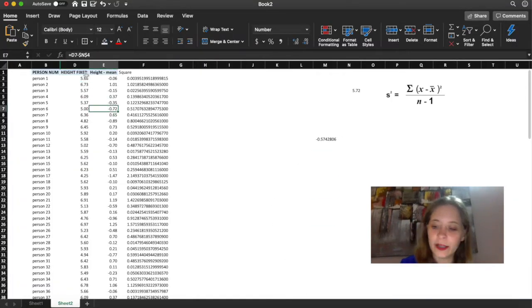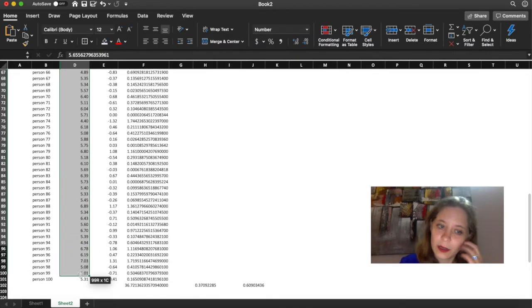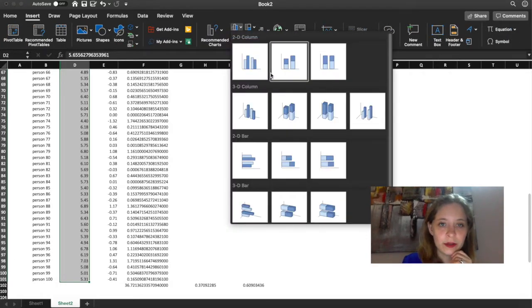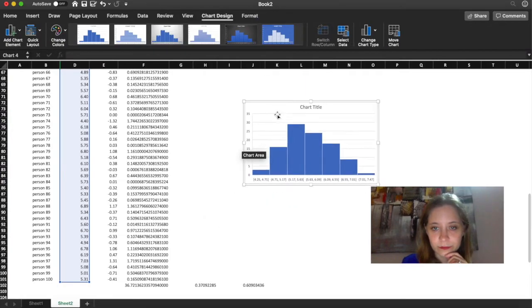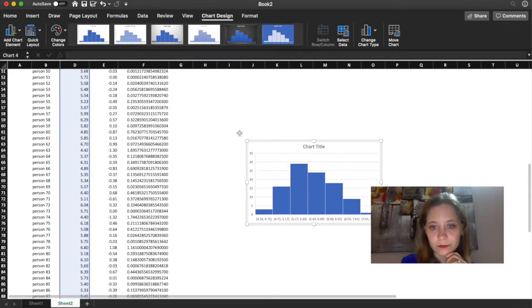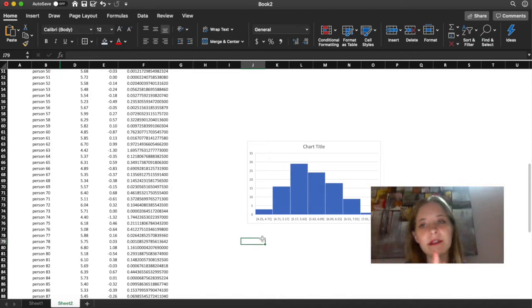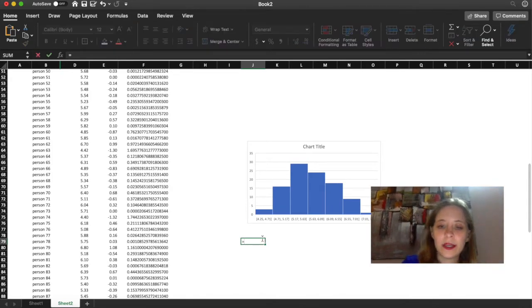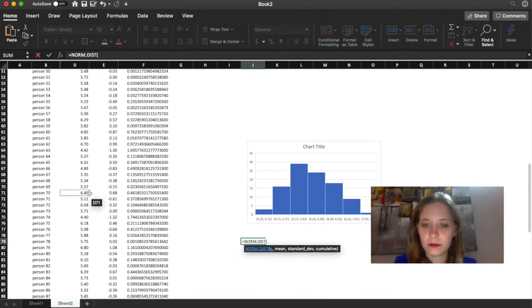I'm just going to go ahead and plot our 100 observations in a histogram. And instead of calculating the z-score manually, I'm going to do something that's a lot faster. I'm going to use NORMDIST in Excel.